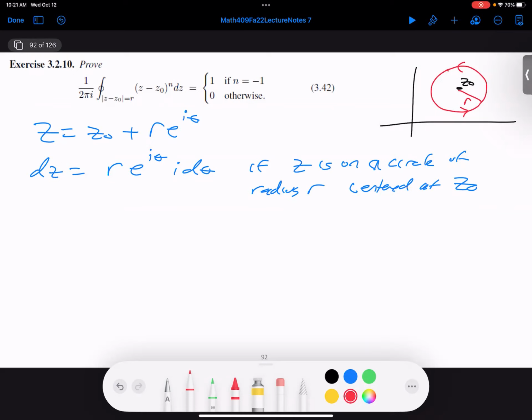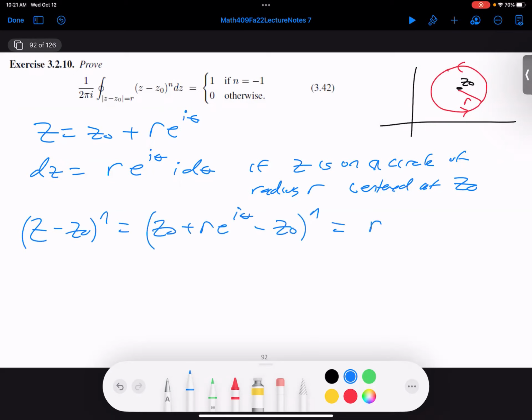Z naught would just be zero. So this is just extending things a little bit. What if your circle is not centered at the origin? Well, then instead of integrating z to the n, I'm going to integrate z minus z naught to the n. So if I look now, z minus z naught to the n is going to be z naught plus r e to the i theta minus z naught to the n.